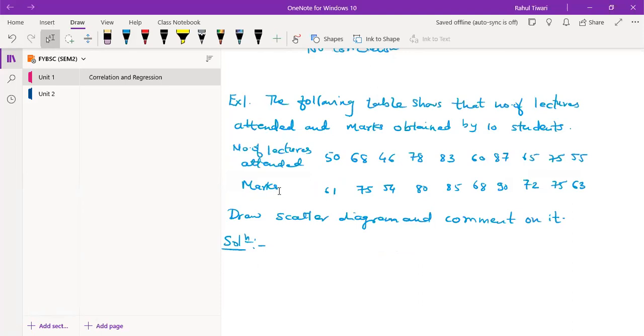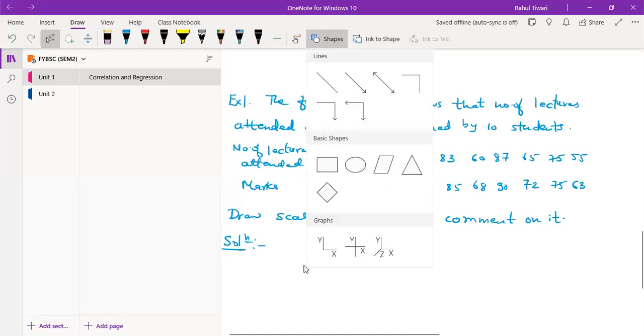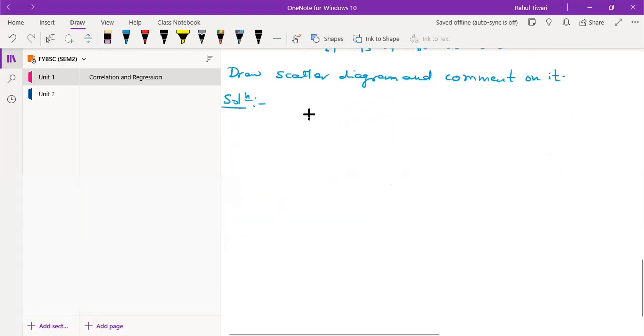Marks is dependent on the number of lectures attended. Yes. So marks will be the dependent variable and the number of lectures will be the independent variable. So we'll plot marks of 10 students like this data.